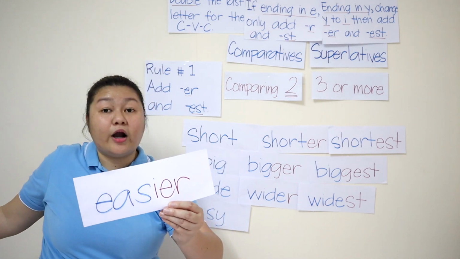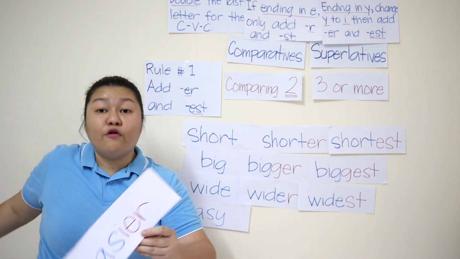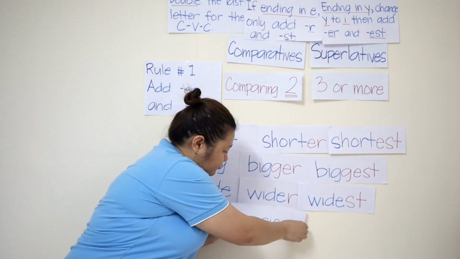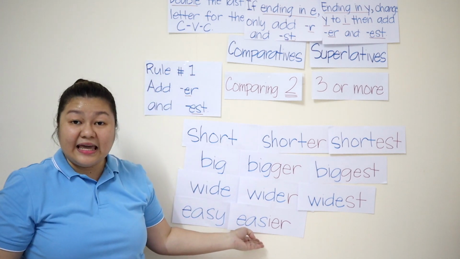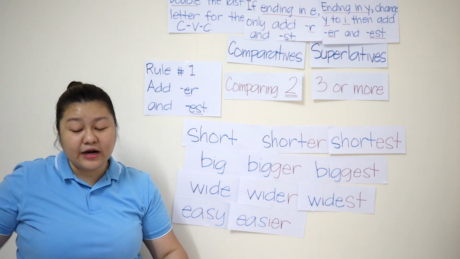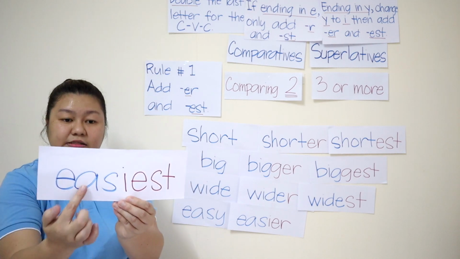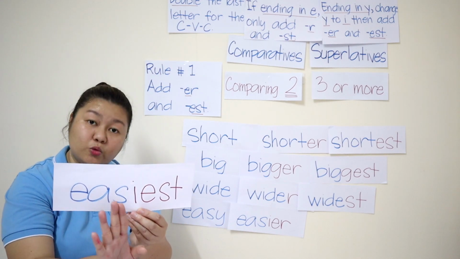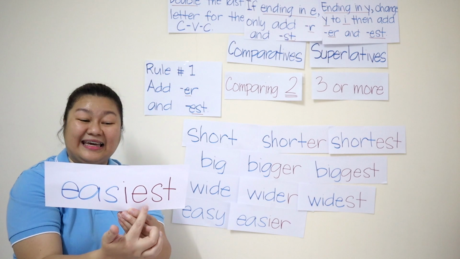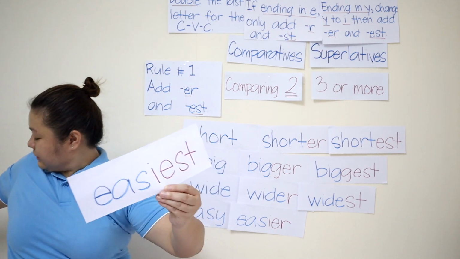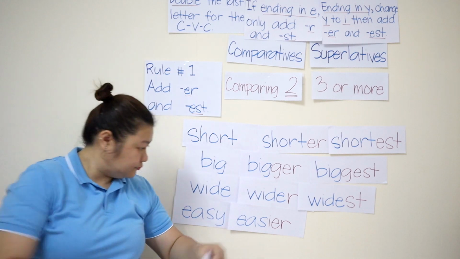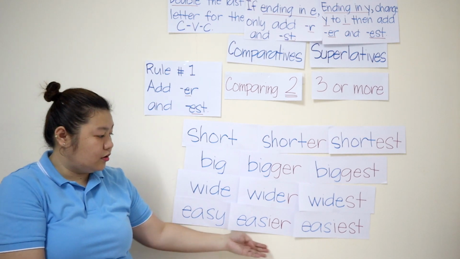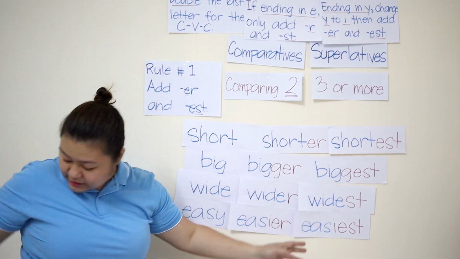So that will be for our comparative form. And for our superlative form, easiest. See, there's no letter Y, but instead there is letter I, because change Y to I, then we have EST, easiest. So, easy, easier, easiest.